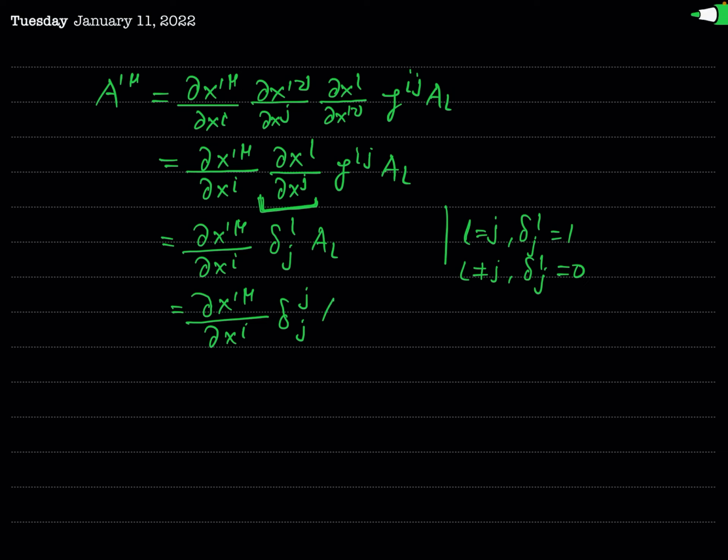Actually, I have replaced this l by j, and so this will be A_j. But this Kronecker delta, when l is equal to j, will be 1. And so if it is 1, then we get A'^μ equal to A_j.